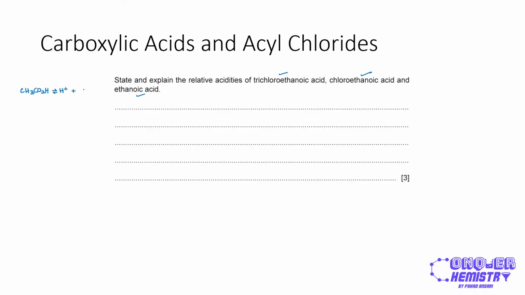Now, when we talk about the strength of carboxylic acids, it really depends on the charge distribution on the conjugate base over here. So this is our conjugate base, and the more concentrated the charge is, this negative charge on the oxygen atom of the conjugate base, the more attractive the conjugate base becomes to the H+, and the lower the concentration of H+ in aqueous solution, and the lower the acidity, right?